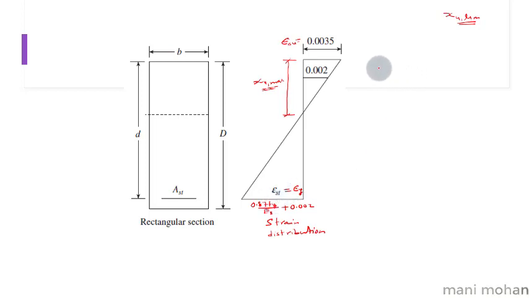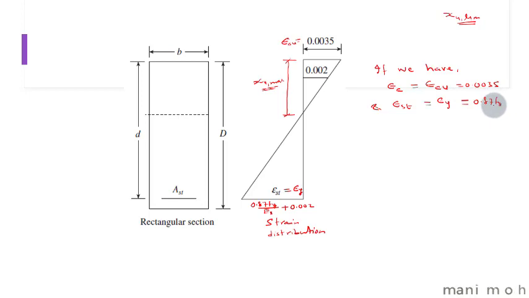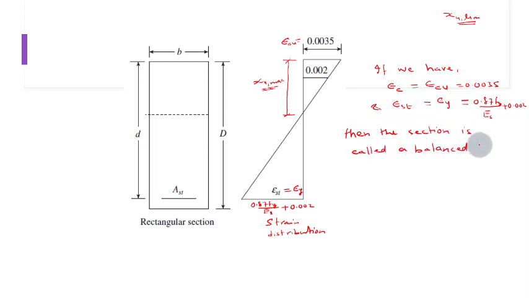Under this case, if we have strain in concrete equal to ultimate strain in concrete, that is 0.0035, and strain in steel equal to the yield strain value 0.87 Fy by Es plus 0.002. If we have both conditions reached simultaneously, then the section is called a balanced section.